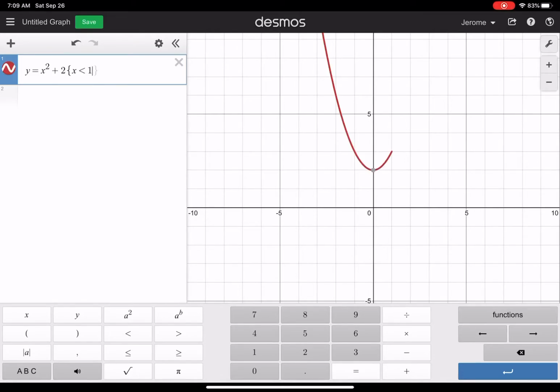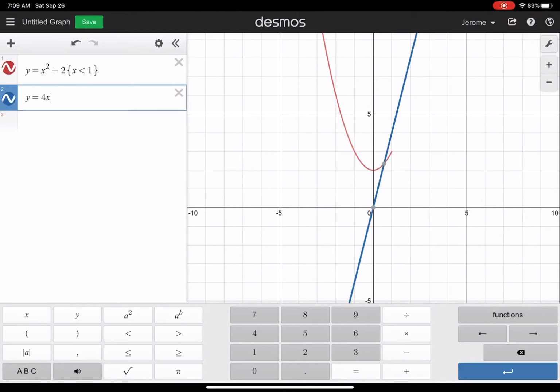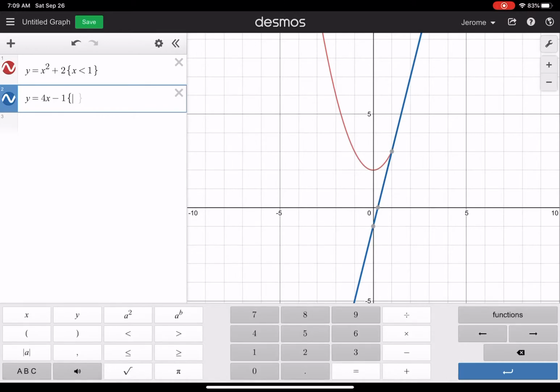All right, there's that branch. And then I'll hit enter and I'll put the next branch in there as that linear function, y equals 4x minus 1. And I'm going to also multiply it by its condition, x is greater than or equal to 1. There we go. And then there's that branch.